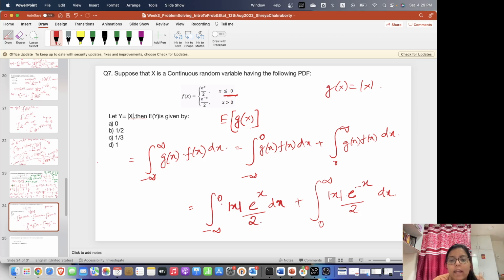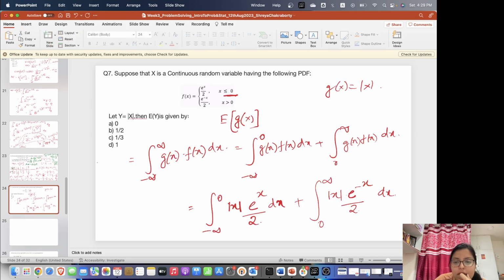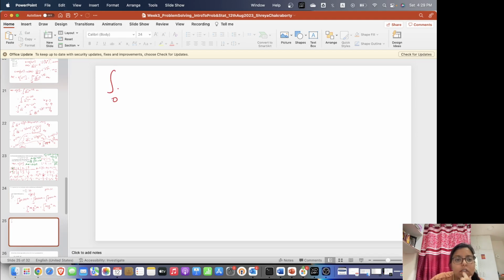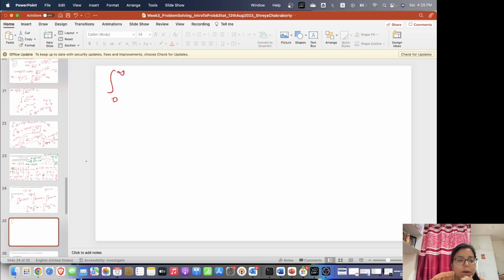Now first we'll take the positive side and try to find the integral from 0 to infinity. This one we are going to take, mod x e to the power minus x by 2 dx. We can write it as the integral from 0 to infinity of x e to the power minus x by 2 dx.